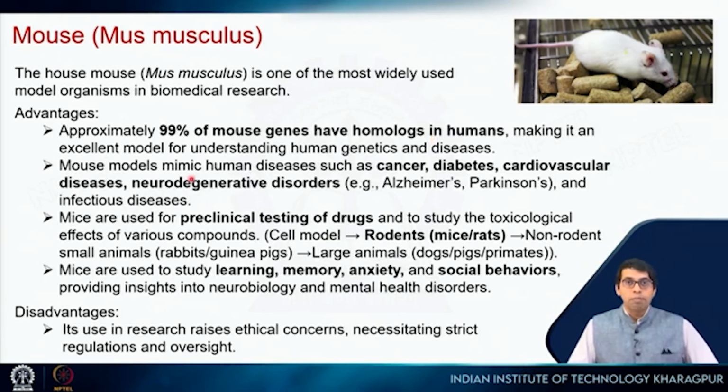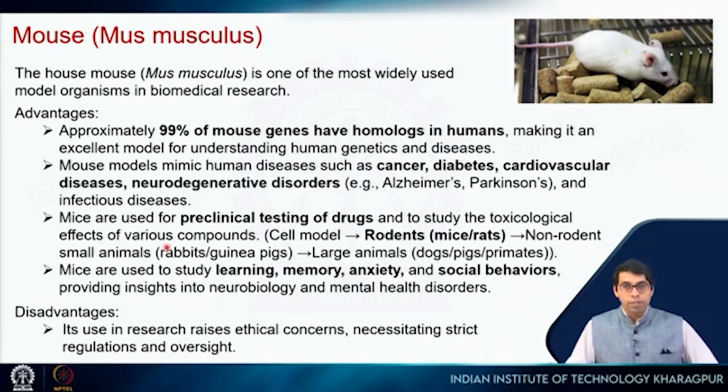So, mouse models mimic human diseases such as cancer, diabetes, cardiovascular diseases, neurodegenerative disorders such as Alzheimer's and Parkinson's disease, and also infectious diseases. Mice are typically used for preclinical testing of drugs and to study toxicological effects of various compounds.